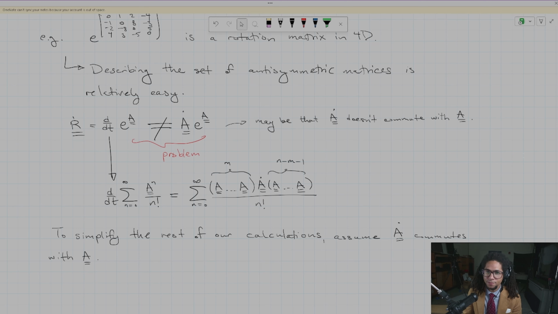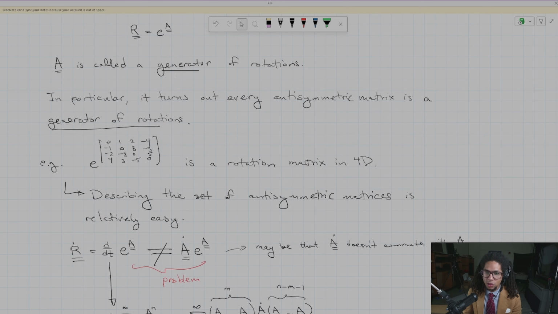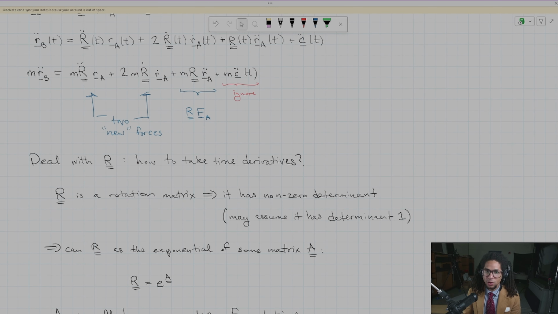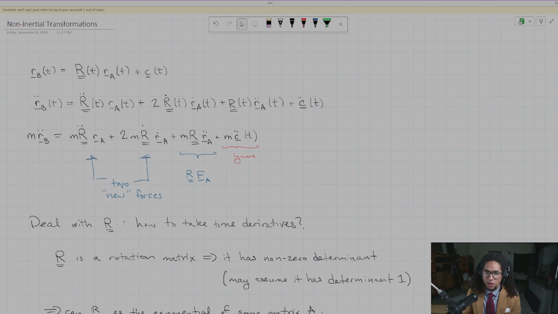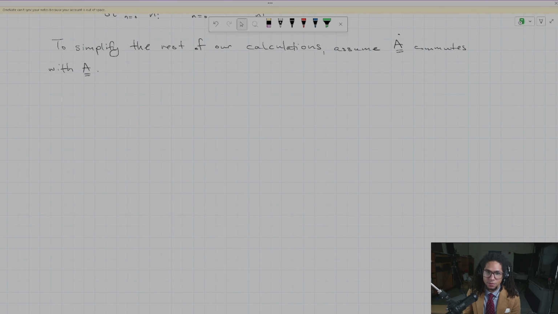All right. Now let's go back to the actual equation that we are trying to deal with, namely this one, but again, we're going to ignore that last term. All right, so let's copy. Okay, so let's replace R by e to the A in all cases.